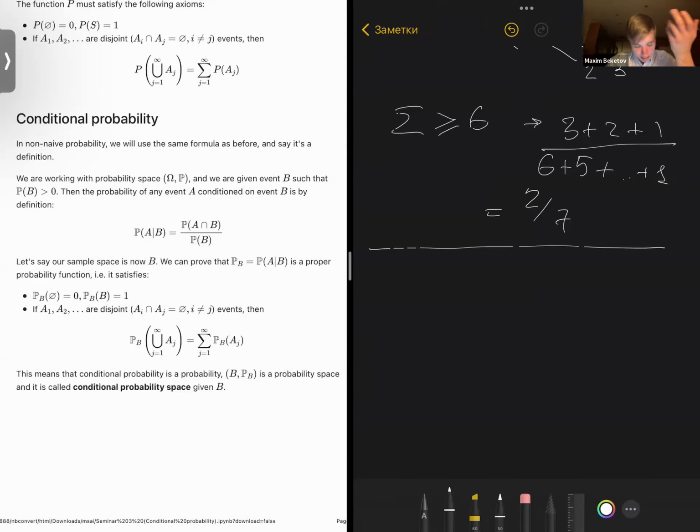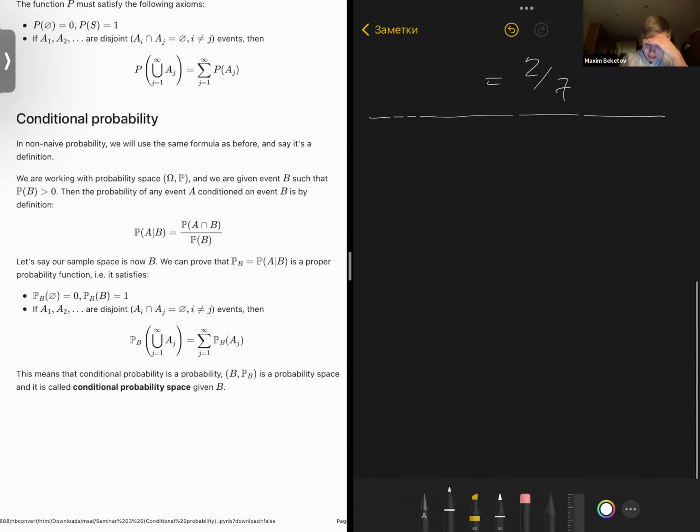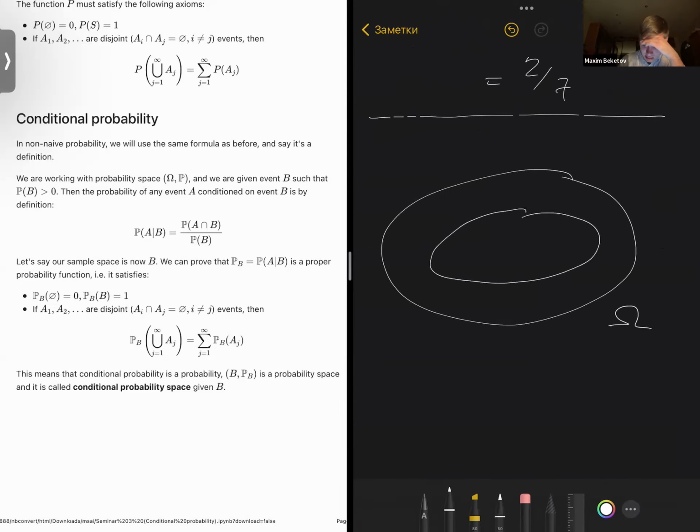So you can say that you do the following. Basically, you had the whole sample space omega, and you had a subset B of it, right?